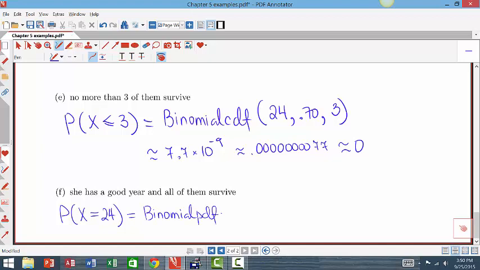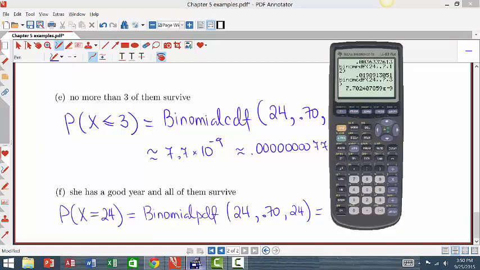We're interested in an exact number of successes. Let's see what we get. Second distribution. PDF here, 24 plants, and probability of success is 0.7, and we want 24.